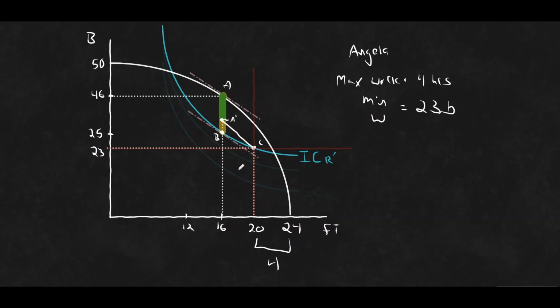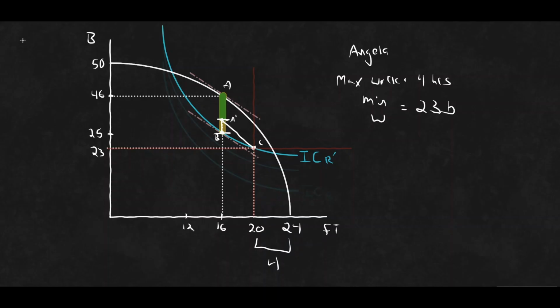Now we can negotiate an outcome anywhere in this triangle A to C to B. Anywhere in this ACB triangle, we have a Pareto improvement from C, such that somebody wins and no one is necessarily worse off. Ultimately, the best outcome altogether would be to be on this Pareto efficient frontier, between A prime and B.